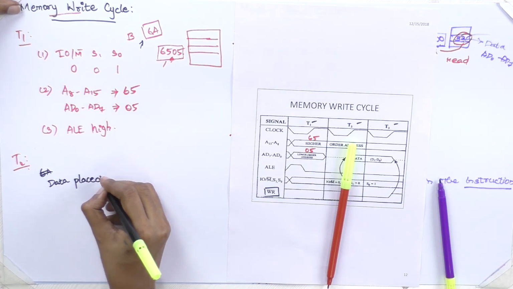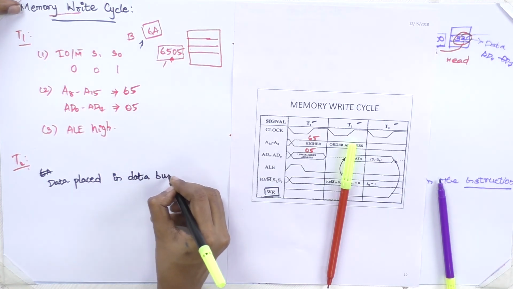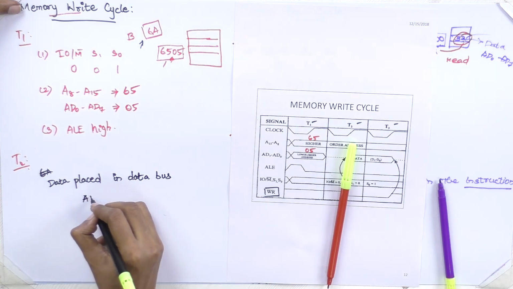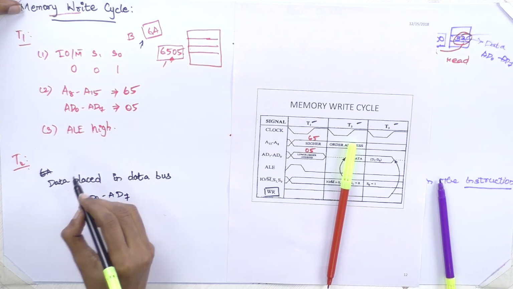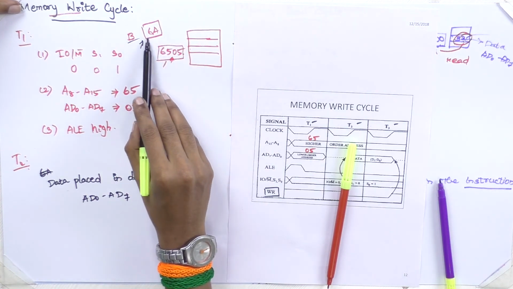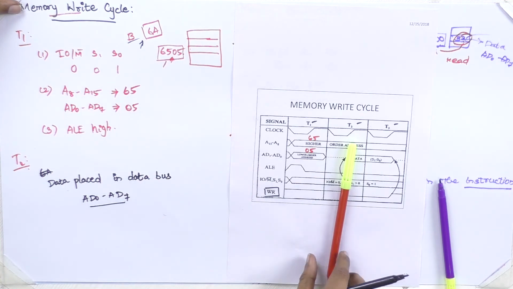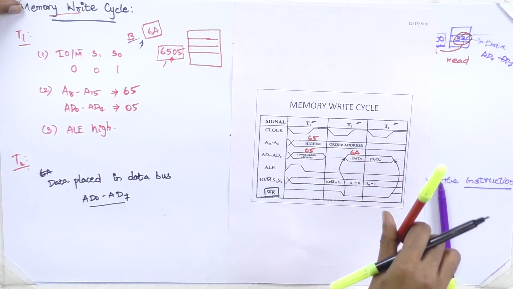Data will be placed in the data bus, which is nothing but AD0 to AD7. The value from the register, here I have used the B register, is taken and placed in the data bus. So at T state 2, this will have the value 6A.